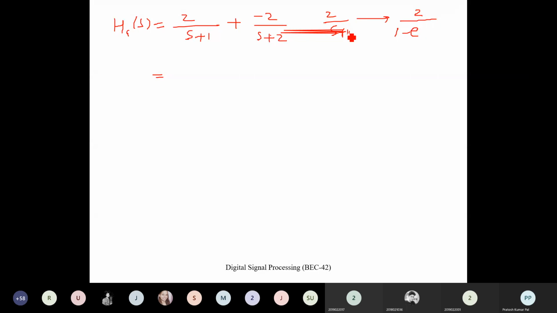So in terms of minus, we will be converting, it will be minus 1, with respect to z power minus 1, whatever t value is there. Similarly, it is minus 2, so minus 2 divided by s plus 2 will be converted to minus 2 divided by 1 minus e to the power minus 2t z inverse.